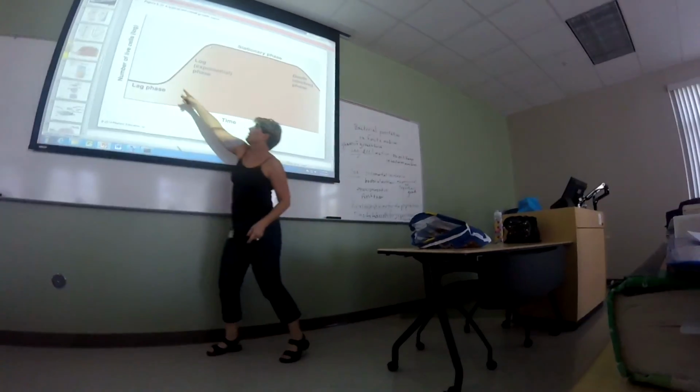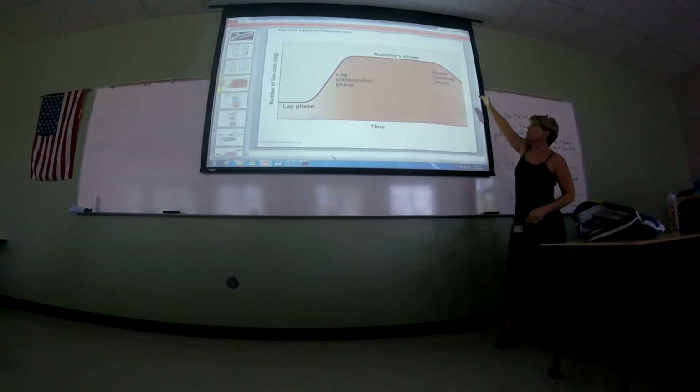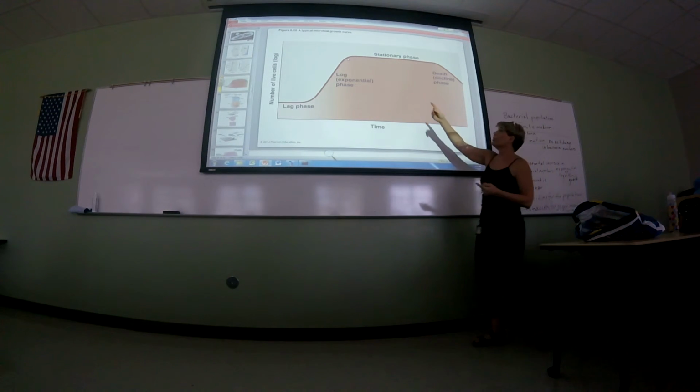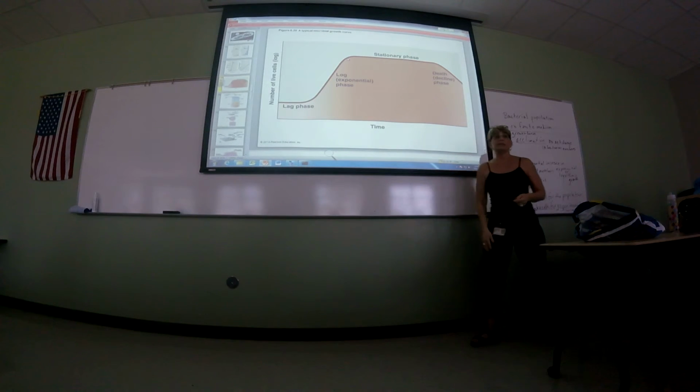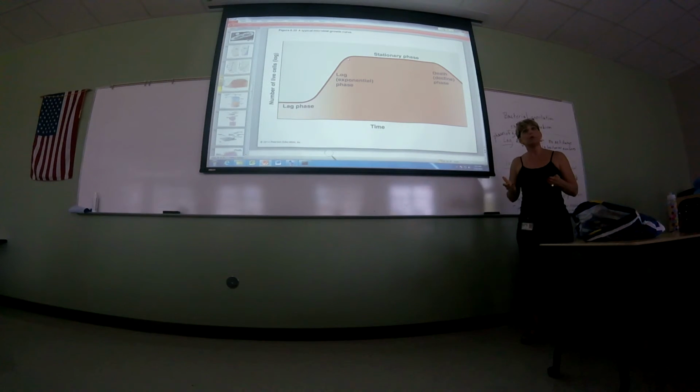That's what's happening. The population is booming and gets to a point where it can't grow anymore because the environment doesn't have the resources to support it. So once you reach the stationary phase, if you want to have a baby, you're going to have to kill off grandpa. You know what I mean? Because there's just not room for both.